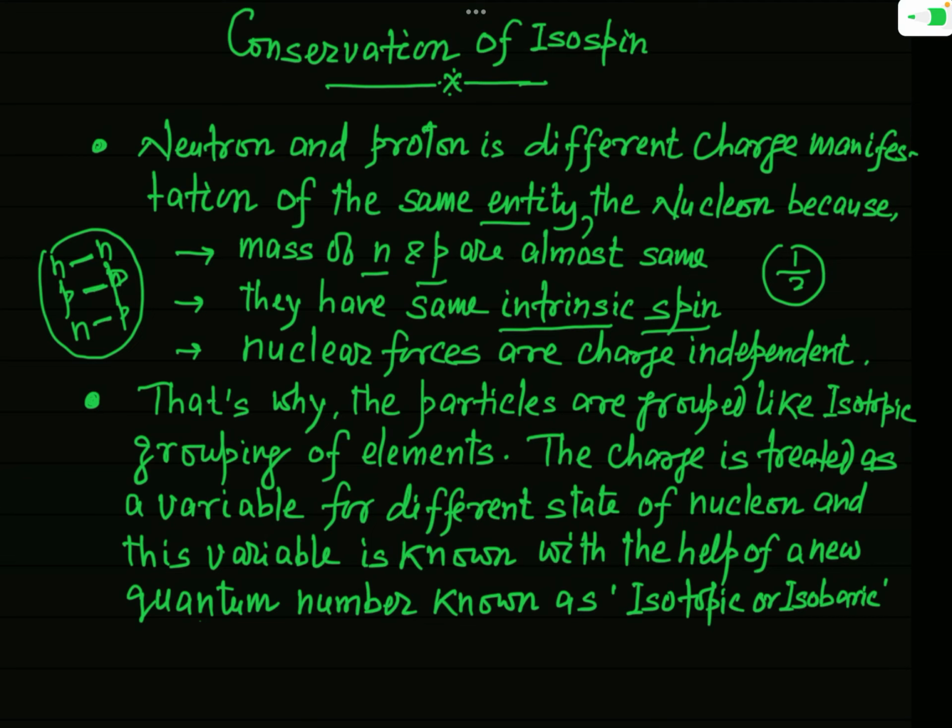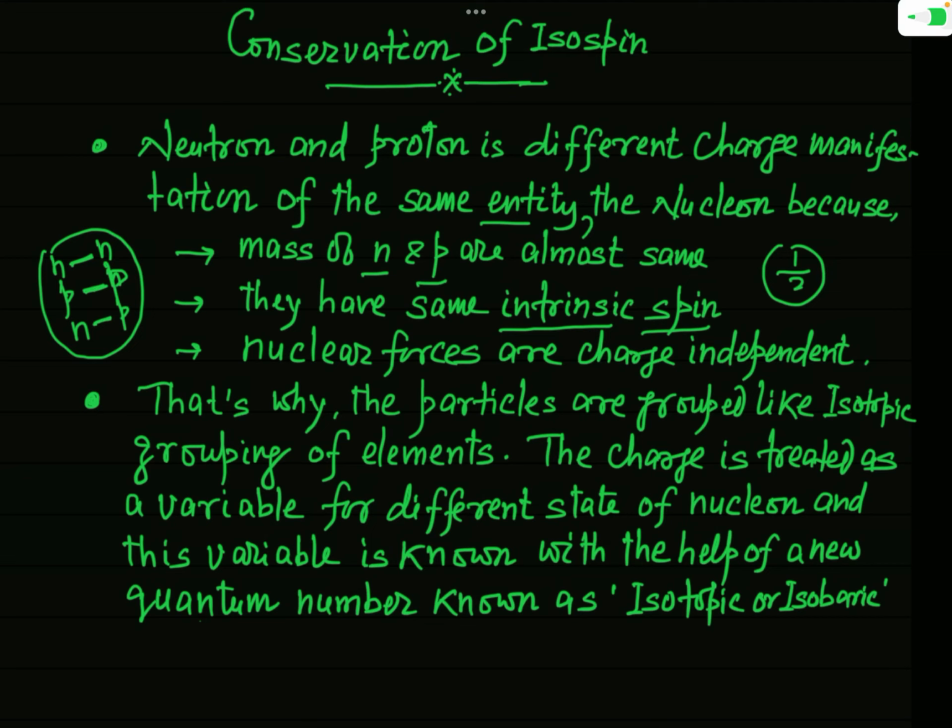But as these three interactions have equal strength, we simply say that the nuclear force is charge independent. So these three similarities, almost equal mass, same intrinsic spin, and charge independence of the nuclear force, imply that neutron and proton are not entirely different.